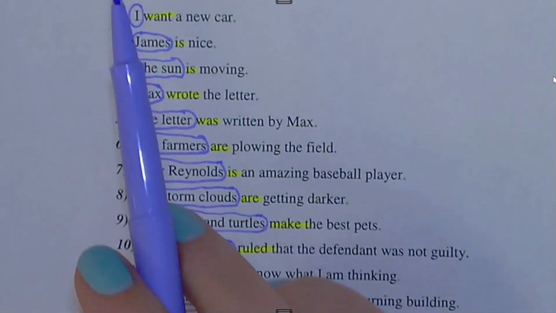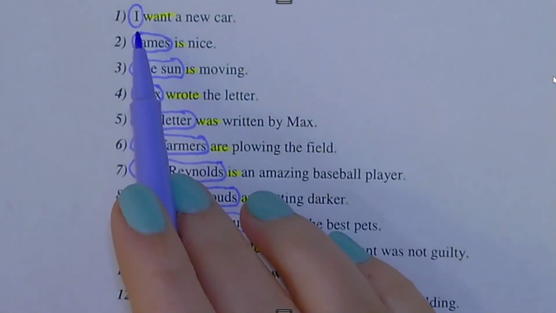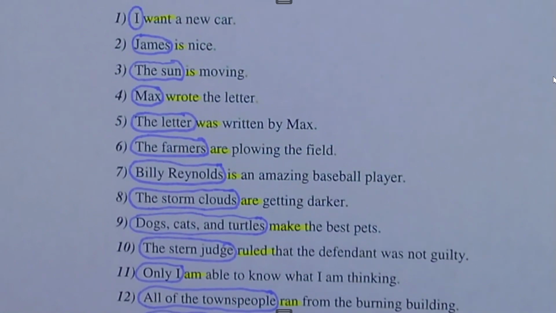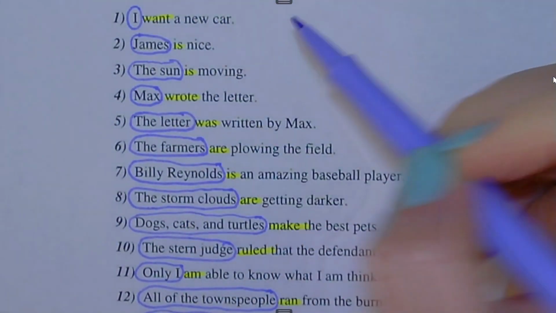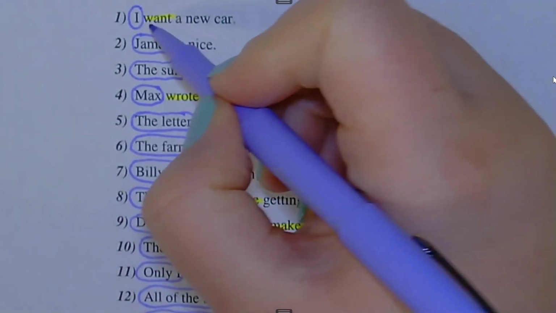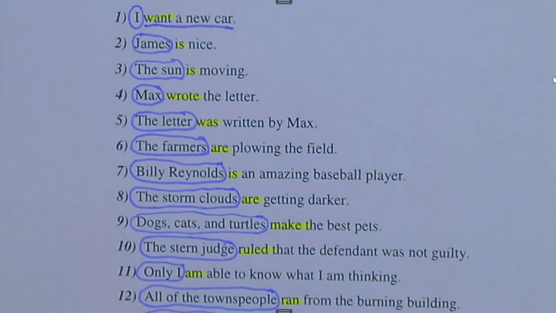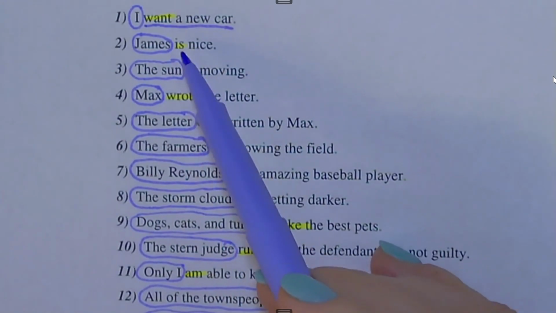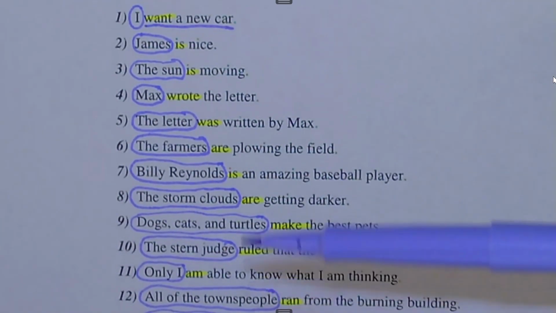And your subject, the majority of the time, is going to come right before your predicate. So, if this is my subject and the rest of the sentence is my predicate, notice how it starts with a verb, want. I want a new car. Boom. You can also use the verb trick to help you identify the entire subject phrase.